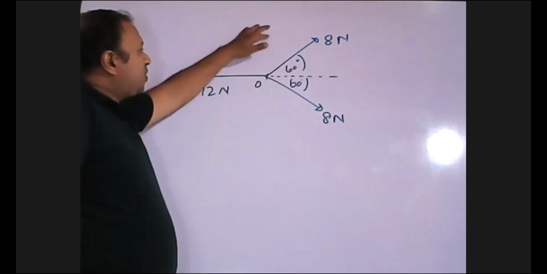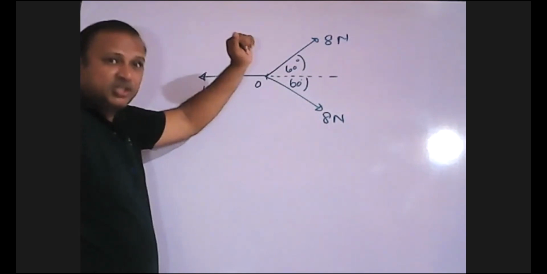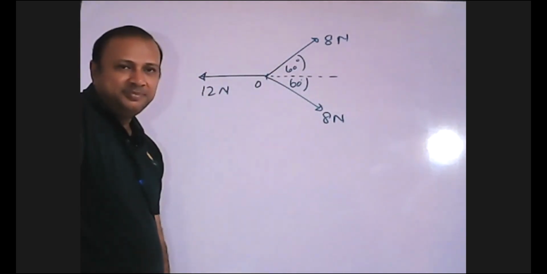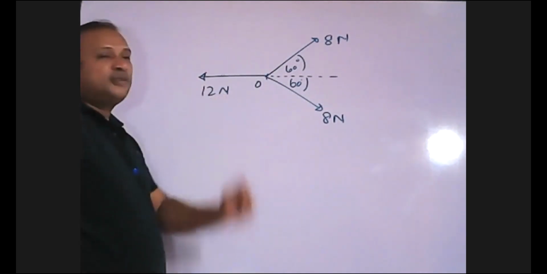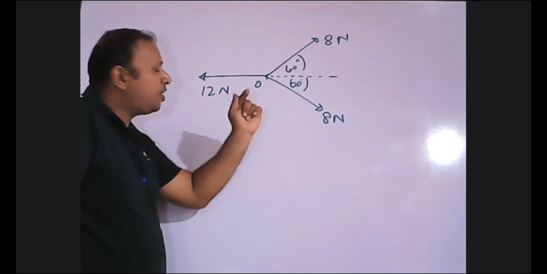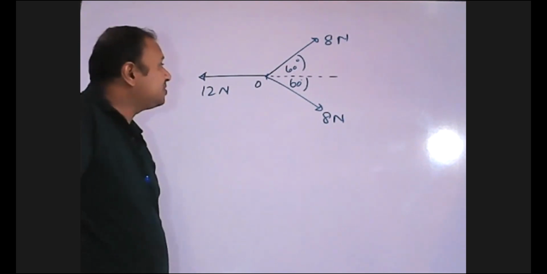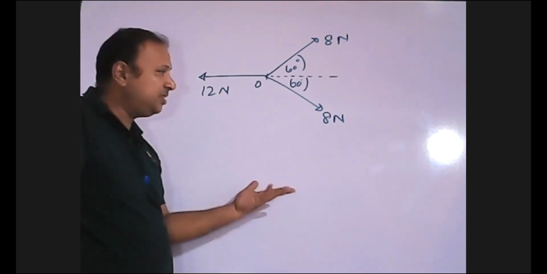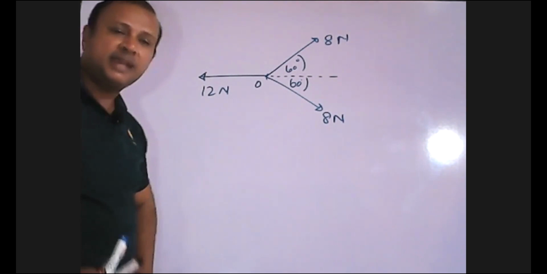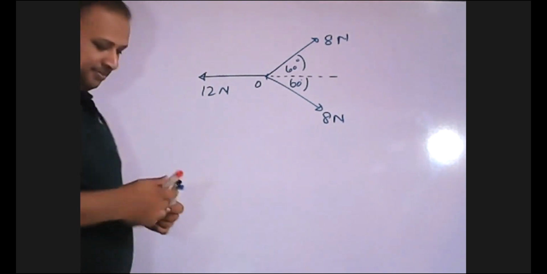Therefore, the y component of the system will be 0. Therefore, the resultant force should be equal to the x component of the system. That's why I use this method, because it is easy, because the y components cancel out.